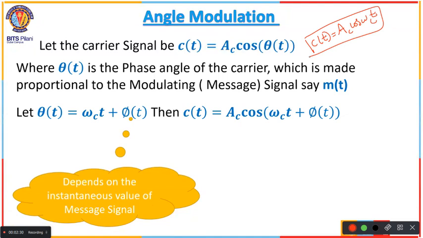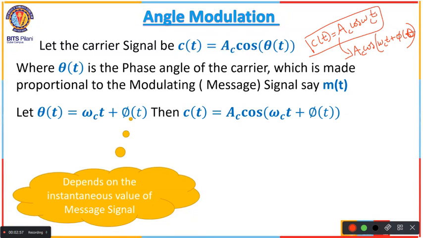This is a carrier wave with the frequency equal to omega c, or else fc hertz, which is in terms of 50 megahertz, 60 megahertz, 70 megahertz. Now what I do in angle modulation is that I change this to omega ct plus phi of t.